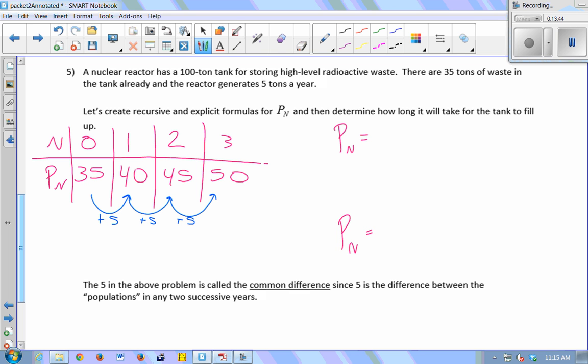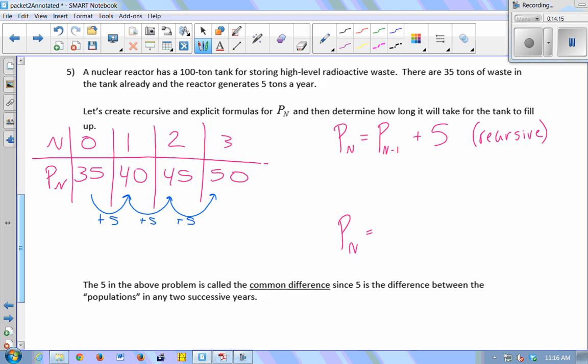So my recursive formula is going to say each number in the list, P sub n, is equal to the number before it plus 5. How do I denote the number before P sub n? P sub n minus 1. So P sub n is equal to the number right before it, which we write as P sub n minus 1, plus 5. This is the recursive formula.